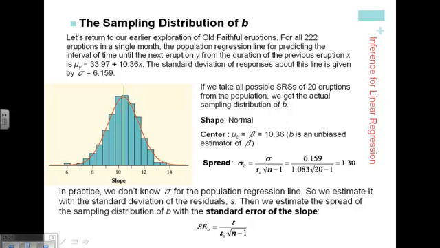We take that S value and divide it by the standard deviation of our x values, and then also by the square root of n minus 1.